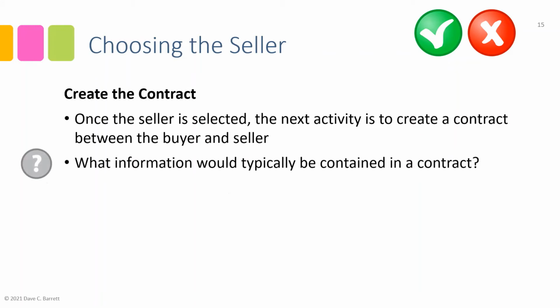Now, again, the key question is, well, what type of information would be contained in a contract? And again, this is covered in detail in the textbook, but a lot of the information that is contained in the statement of work and the RFP are brought over into the contract, those that are agreed upon. There may be other terms and conditions.